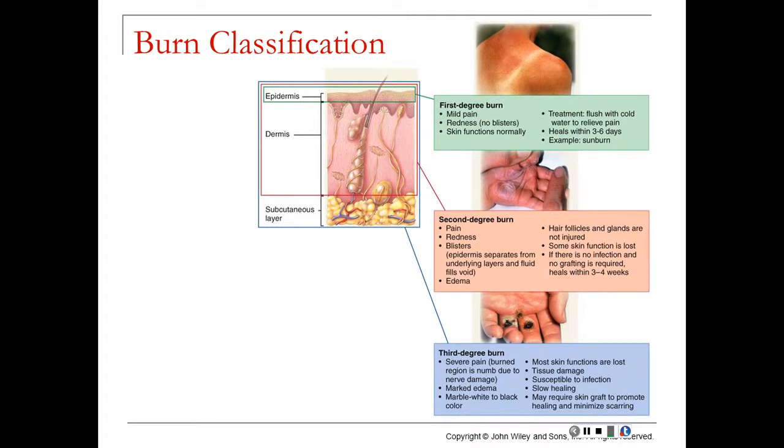Lots of tissue damage. This is highly susceptible to an infection because so many blood vessels and nerves have been damaged. It's a very slow healing process. This may require a skin graft, in other words, taking skin from one part of the body and transplanting it to the burned area in order to minimize scarring and promote healing. That, of course, is the most dangerous type of burn.